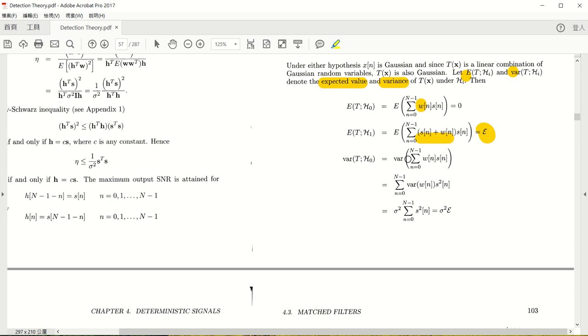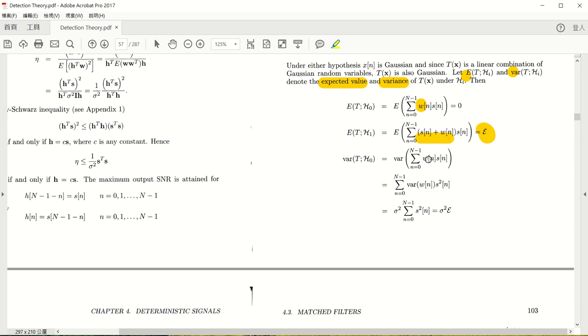So we are taking the variance of it, and when you are taking variance, it actually depends only on the random variable. So let's take a look at what the random variable is.